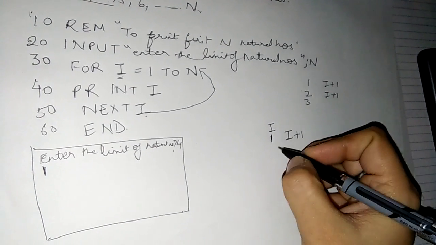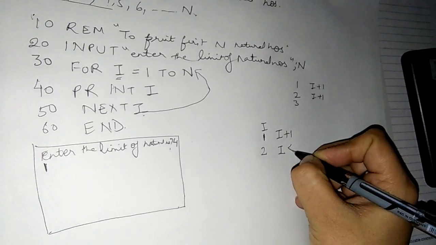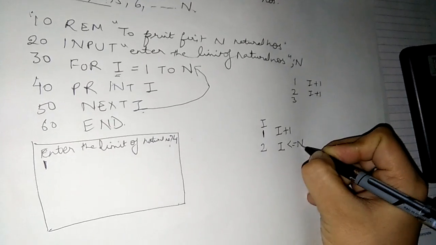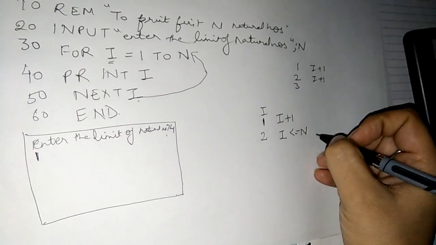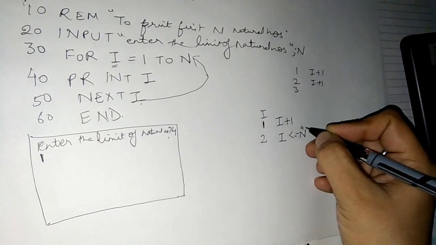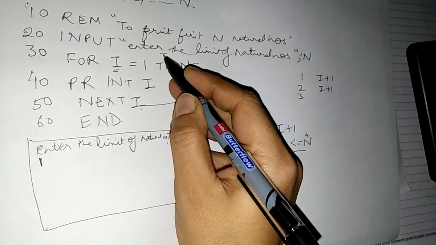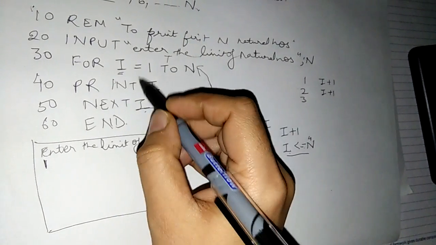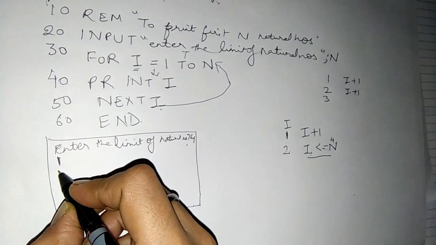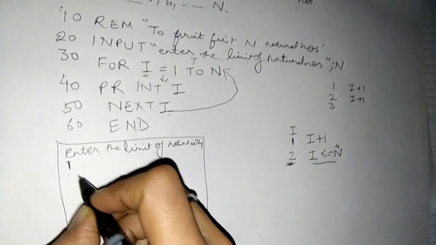After I is increased by 1, it becomes 2 and it checks for the condition I is less than or equal to n. Here n is 4. So it checks I is less than or equal to 4. If it is true, then it again enters the loop and it prints the value of I, which is 2 now.